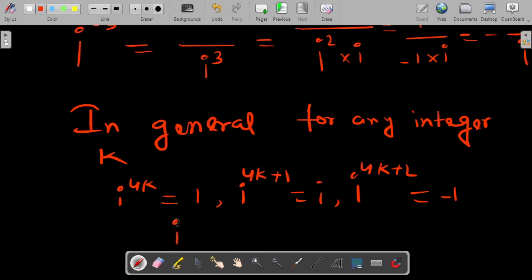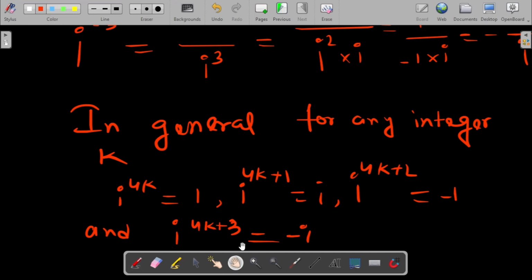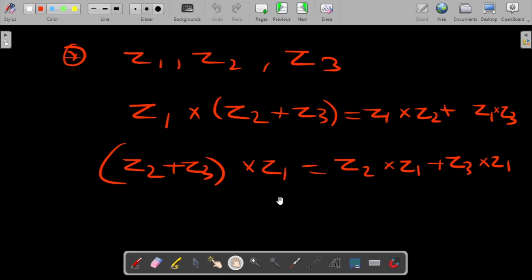And i to the power 4k plus 3 gives minus i. Next I will discuss modulus and conjugate of complex number.